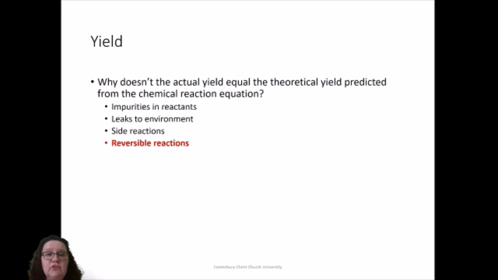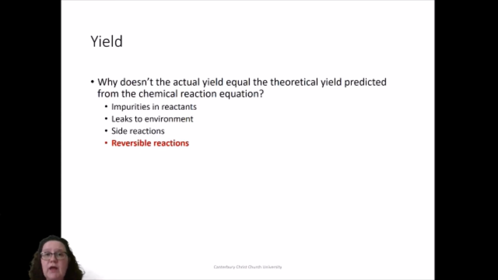However, in practice, that doesn't happen, and the yields are lower, in many cases much lower. So why wouldn't the actual yield of a reaction equal the theoretical yield predicted from the chemical equation and the proportions and stoichiometry of the reagents? Sometimes there are impurities in the reagents, so the number of moles of a reagent you think you have is not quite correct.